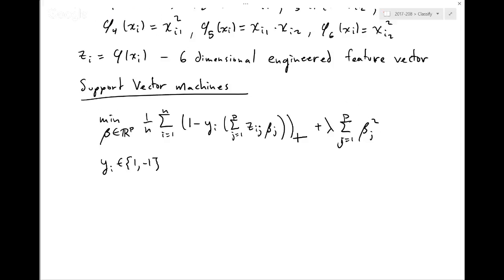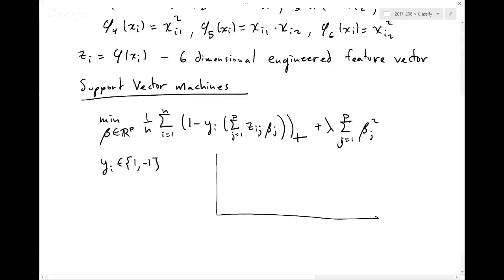So it turns out that the hinge loss is always this thing: 1 minus y_i times our score. And our score is the weighted sum of the features, so this is the weighting by beta, beta_j times feature j, summed up. And then it's the positive part of this.